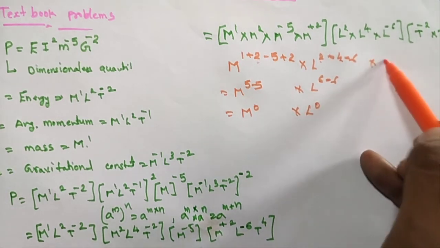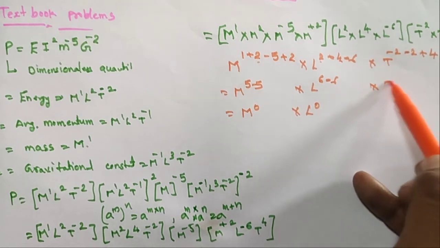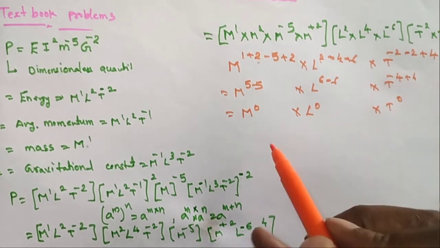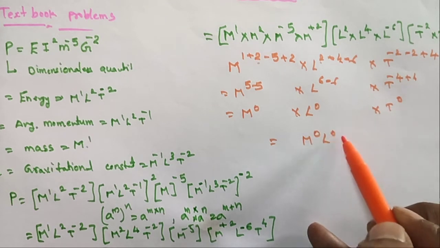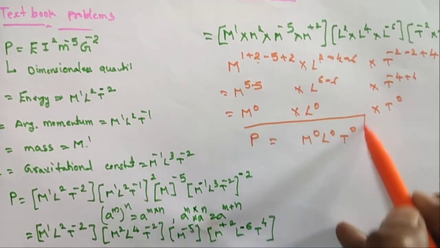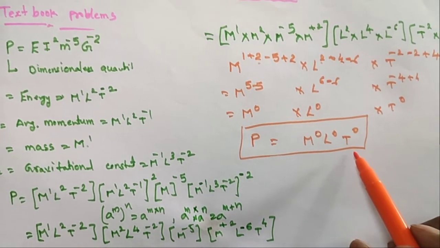T power minus 2 minus 2 plus 4, that is T power 0. So we get M power 0, L power 0, T power 0, which is equal to P. M power 0, L power 0, T power 0 means it is a dimensionless quantity.